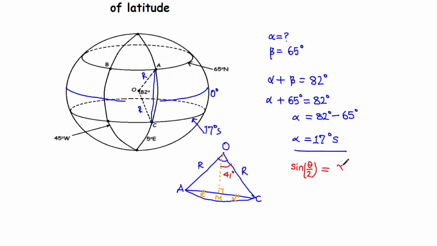Our opposite here is X, and the hypotenuse is OC, and that is R. Now our main aim is to get X, so we can multiply both sides of this expression by R. Now let's write this again: sine of theta divided by 2 is equal to X over R. Multiplying both sides by R, this R cancels, so we're only left with X equal to R sine of theta over 2.